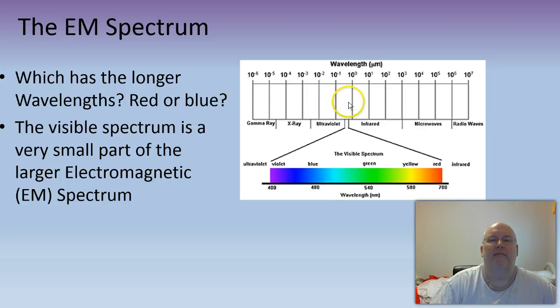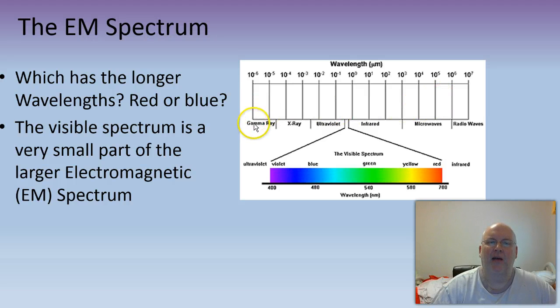So here's a very, very basic diagram of the entire EM spectrum. You can find much more detailed ones on the internet, but it shows you exactly how small a part the visible spectrum is in the overall total EM spectrum of all energy.